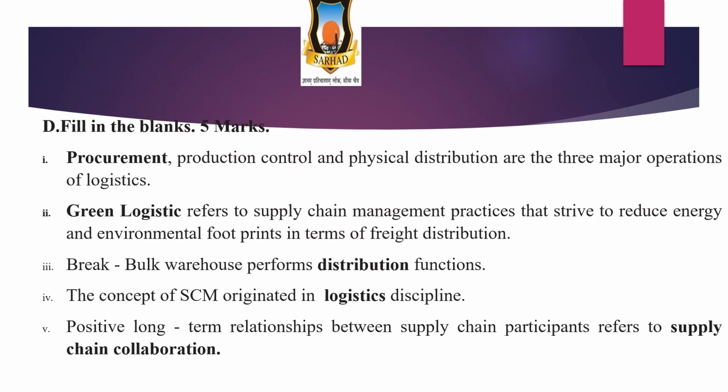The next is fill in the blanks. It is for 5 marks. The question is: a dash, production control, and physical distribution are the three major operations of logistics. The correct option is procurement.